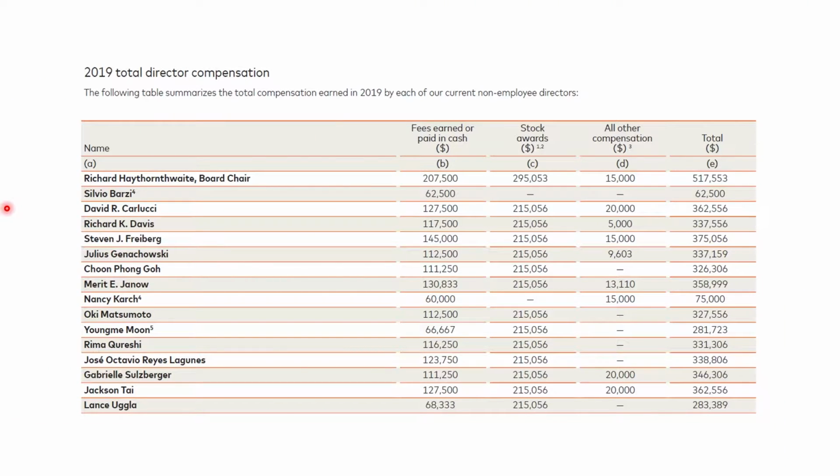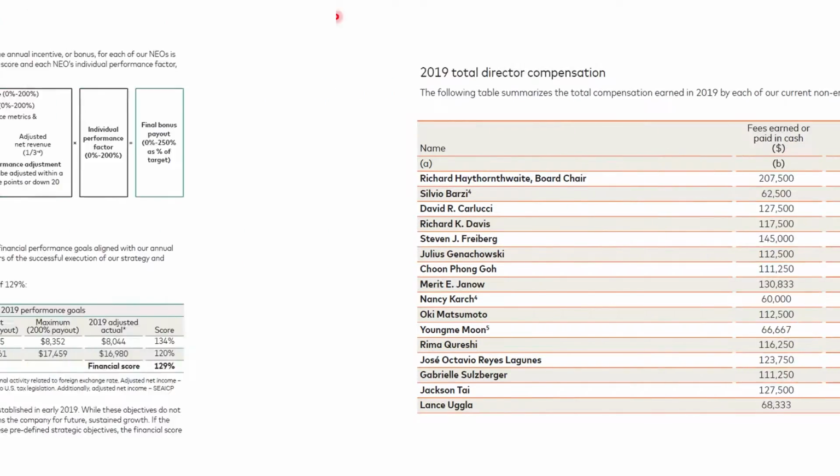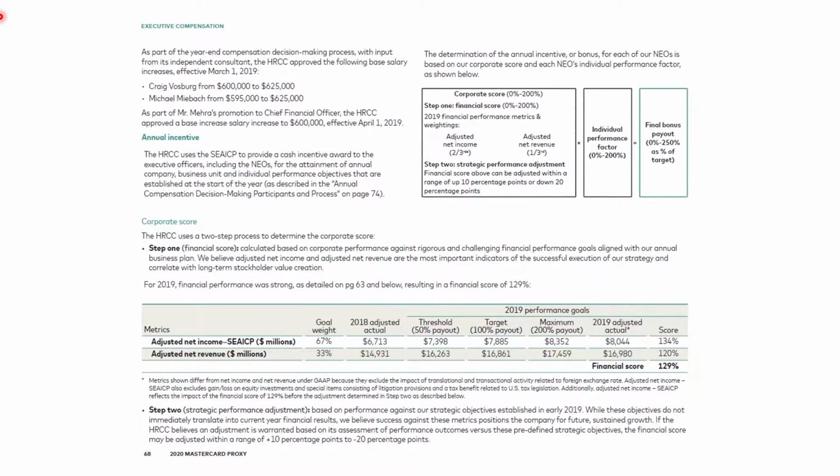Okay, in management, the first thing I do is go to the proxy statement. I check the compensation of the directors, which I think is quite okay. It's very standard. And also the compensation for the executives.